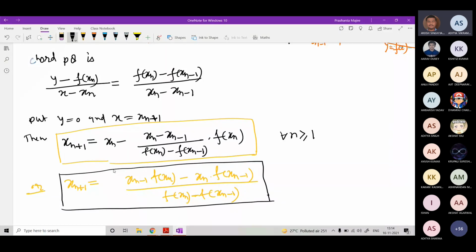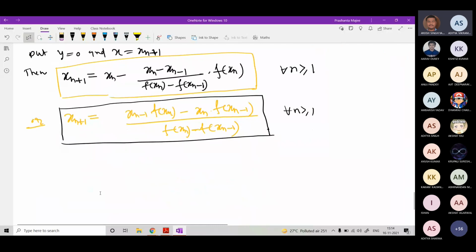Okay. Now tell me, what is the disadvantage of this formula? Advantage you may not know, I'll tell you that. Tell me a disadvantage of this formula compared to the bisection method. Do you see any disadvantage?